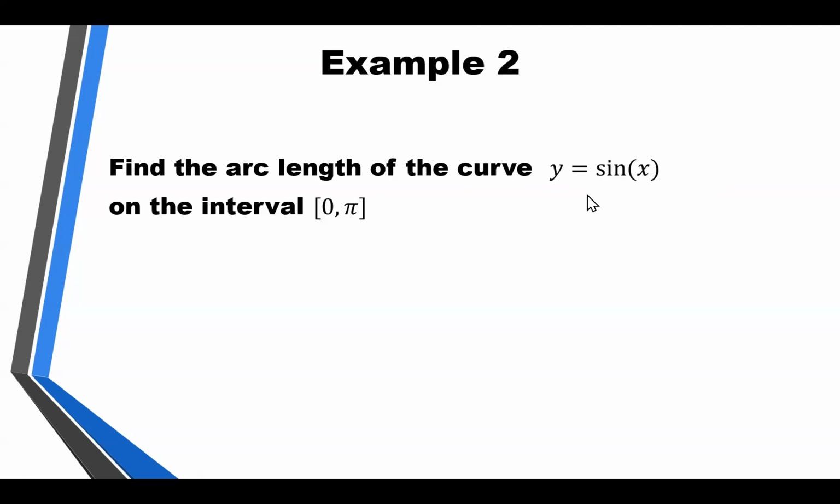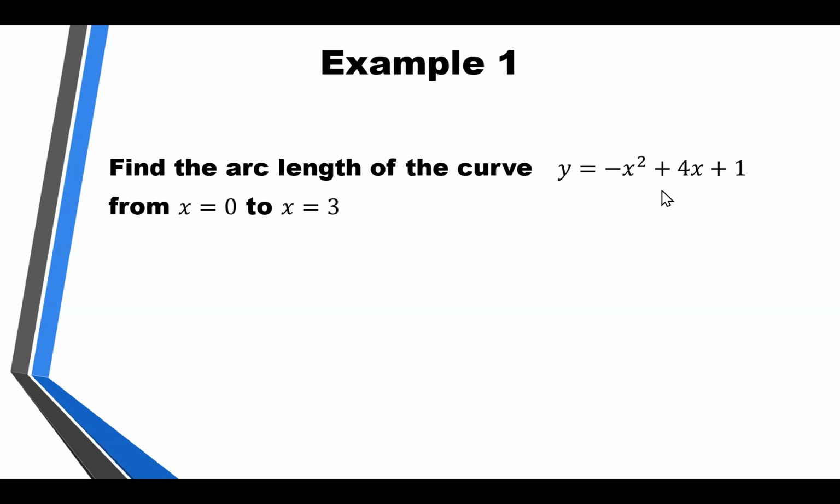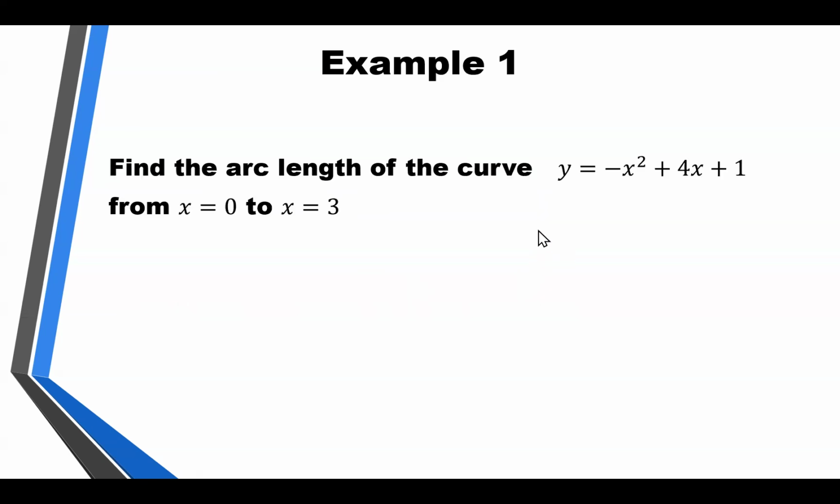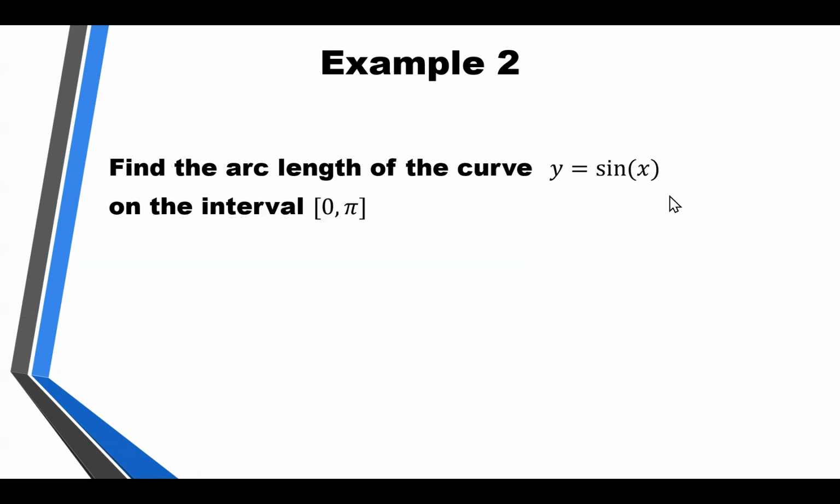In fact, if you were going to try to integrate with respect to y on this equation in example 1, that would have been very, very difficult. We wouldn't have been able to do it. But with respect to x, it wasn't an issue. So it is important that we have both options, again, because there are some equations where only integration with respect to x is really going to work. There are other equations where integration with respect to y is the only one that could work.